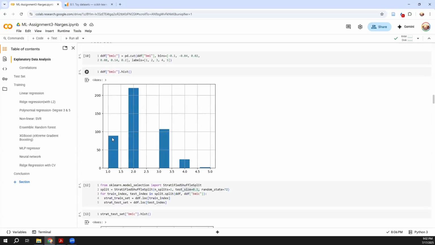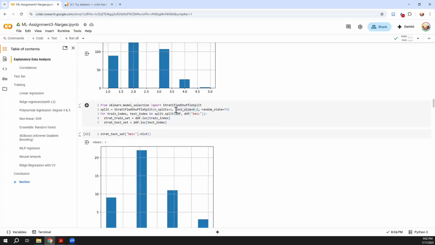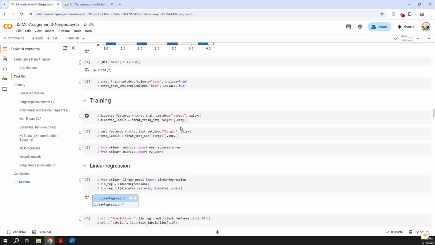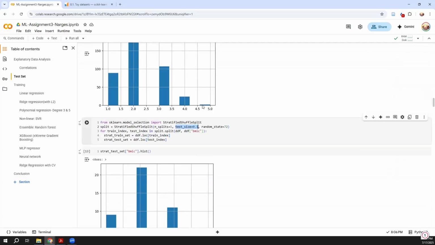So I did the stratified sampling by dividing body mass index into 5 bins and distributing them evenly in both the testing and the training sets. We set aside a testing set of 10% of the data, and we end up having 4 bins for our stratified sampling in the test set because the number of the 5th bin data was too small, too little to be assigned to this 10%.